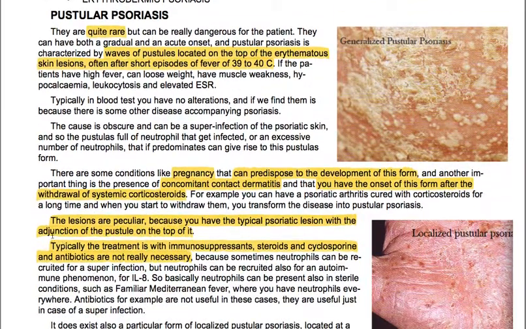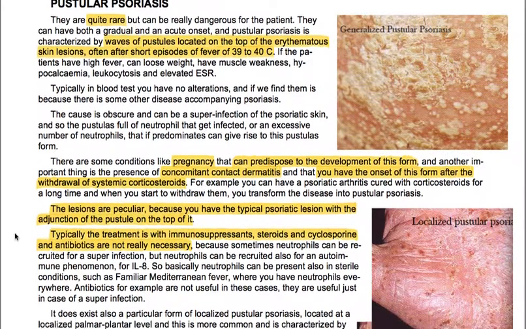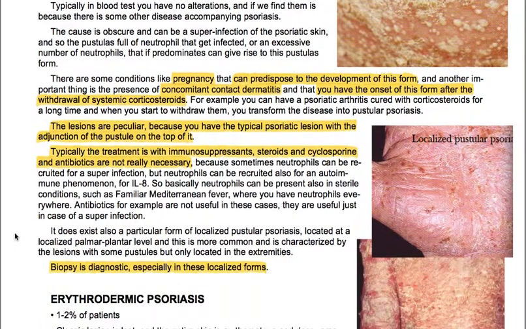The lesions are peculiar because you have the typical psoriatic lesion with the addition of the pustule on top of it. Typically, the treatment is with immunosuppressants, steroids, and cyclosporin, and antibiotics are not really necessary because sometimes neutrophils can be recruited for superinfection, but neutrophils can be recruited also for an autoimmune phenomenon, for IL-8.